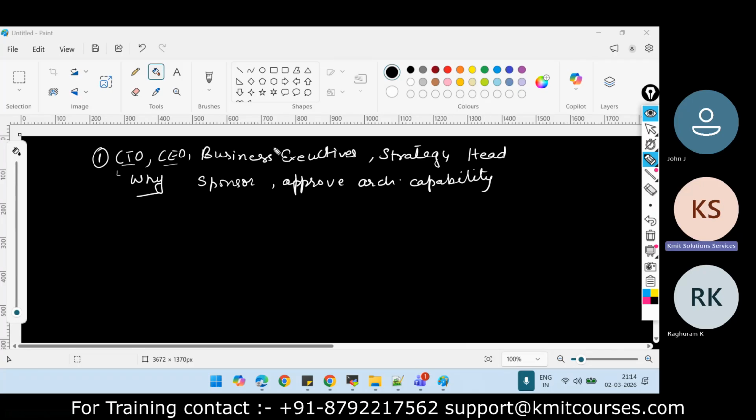So without executive support, enterprise architecture always fails. For example, you are saying, I will use AWS for the cloud support, but from where does the fund come, who will sponsor it? If you are saying my budget is $1,000 per month, and if it reaches $1,500, who will pay the $500?